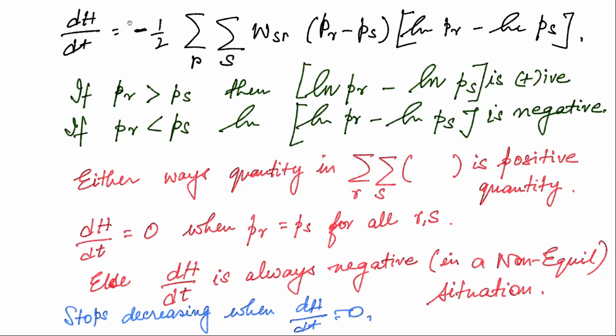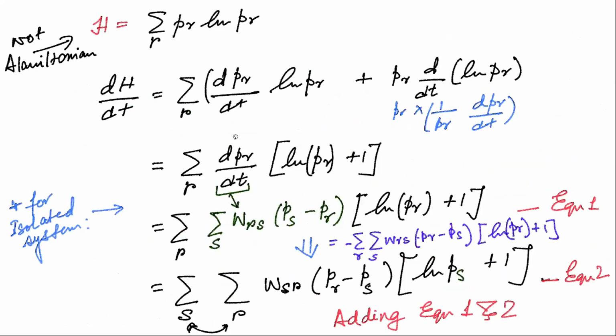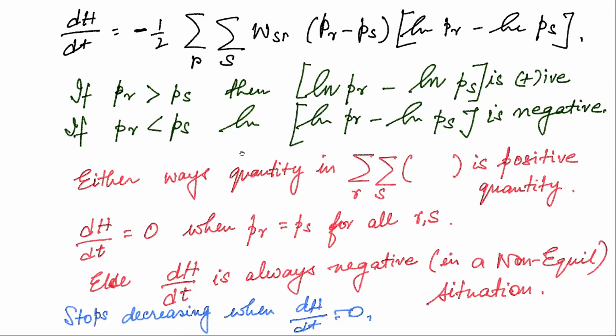The dH/dt is always changing. This is going to drive the PR. This is going to drive change in the values of PR as well, right? And the point is dH/dt will keep on decreasing till dH/dt equals 0, and that can be 0 only if all the PRs are equal to PS, right?